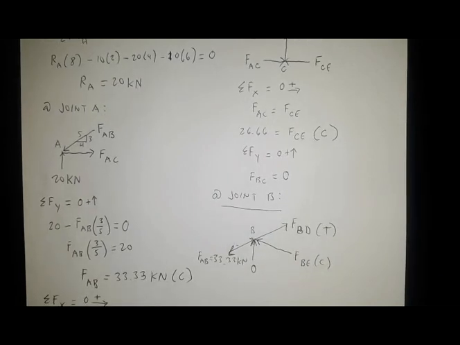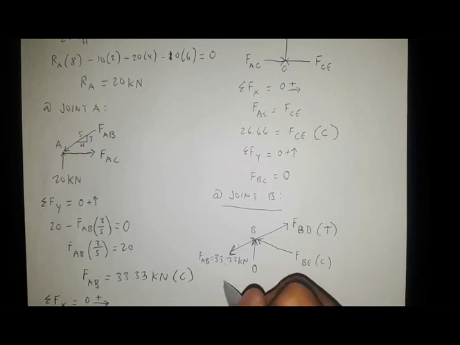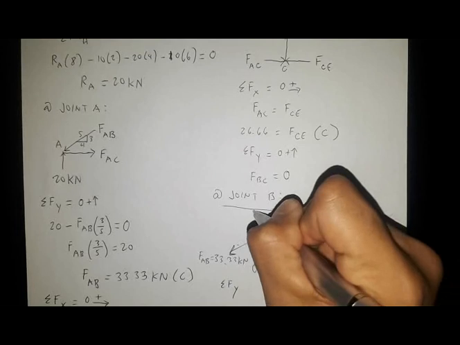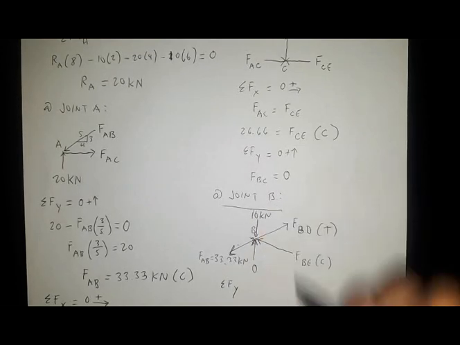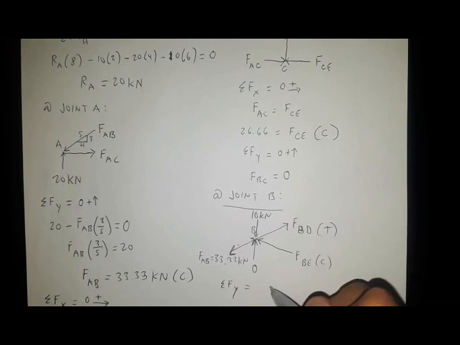So now let's have the summation of forces along Y. Oops, we still have here 10 kilonewton. This is a free body diagram. So we have summation of force along Y equals 0. So we have negative 10.